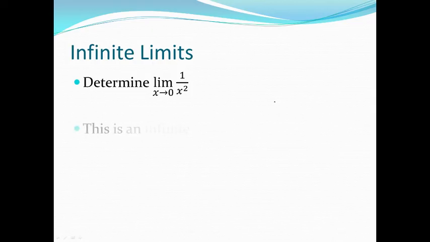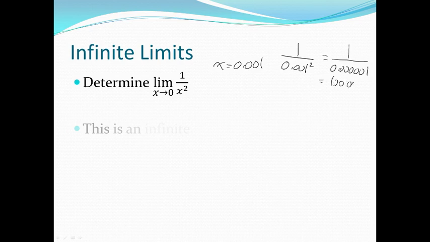if I take x to get smaller and smaller, like for example, x equals 0.001, then you'll get 1 over 0.001 squared, which is 1 over 0.000001, which is going to be a really big number. This is like 1, 2, 3, 4, 5, so like 100,000.